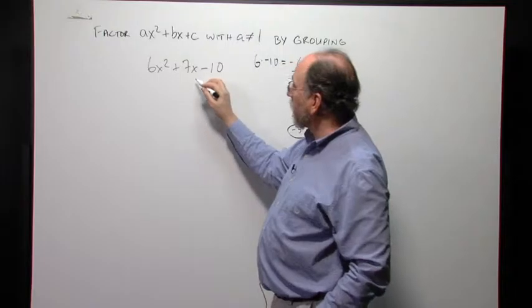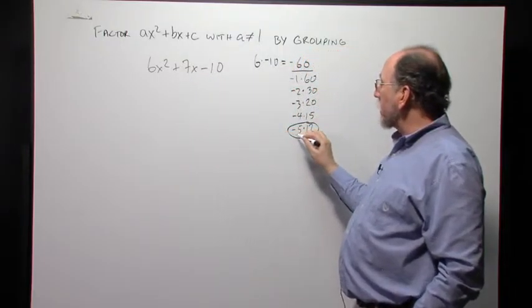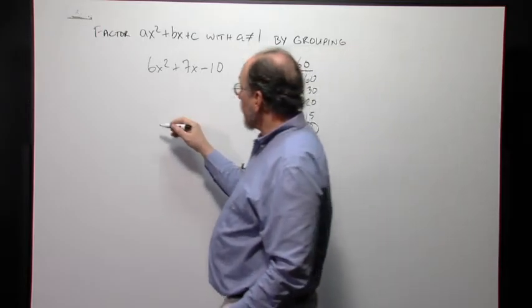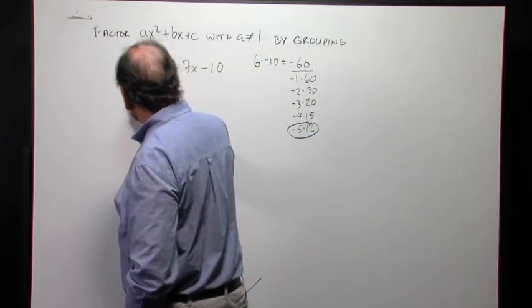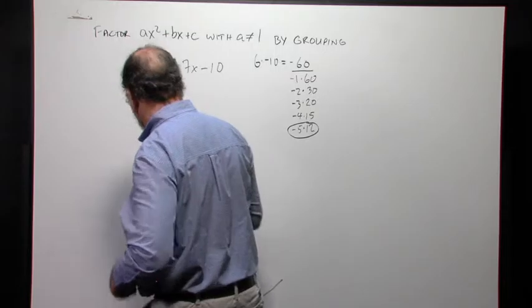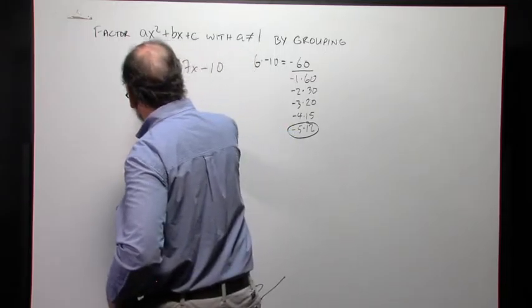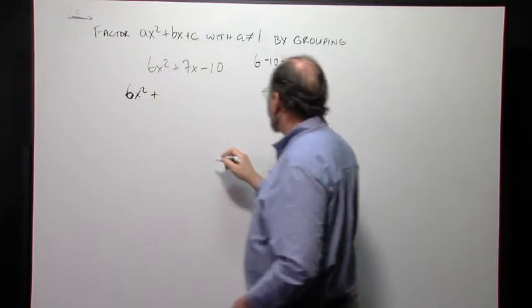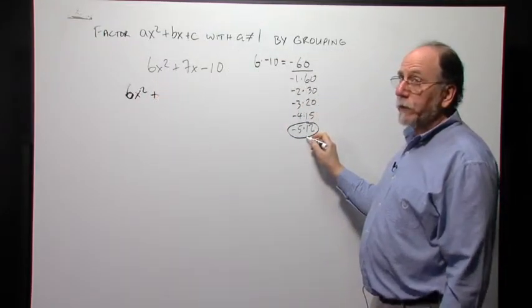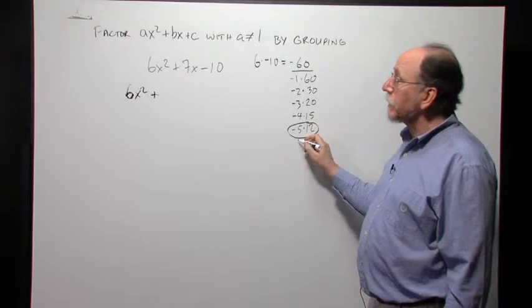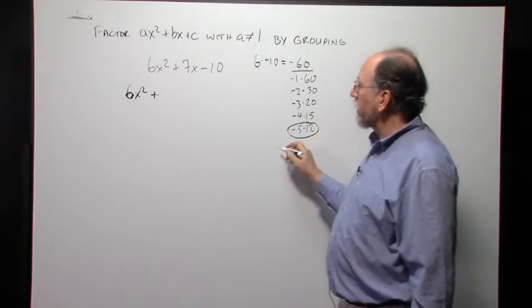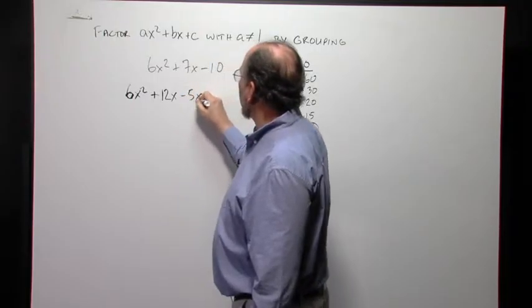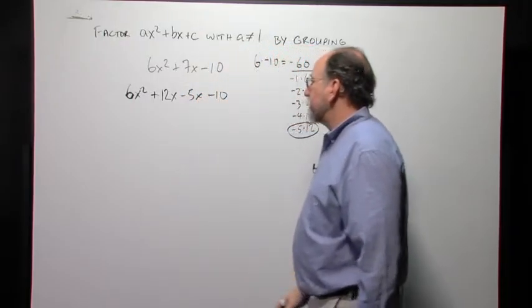Step 3 is to rewrite 7x using these two numbers and rewrite it as two terms. So that's going to be 6x squared plus, and I can write either one first. I could write plus 12x minus 5x or minus 5x plus 12x. You can try that on your own to make sure that it works out to be the same.